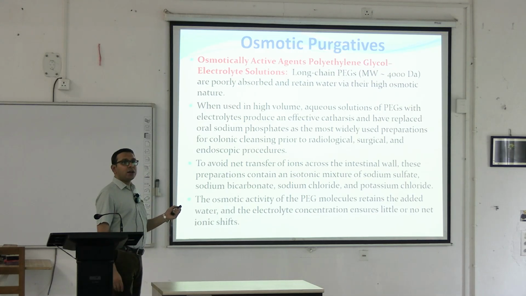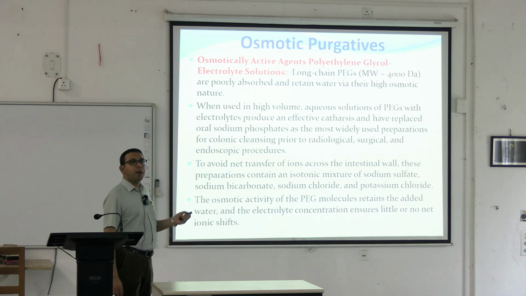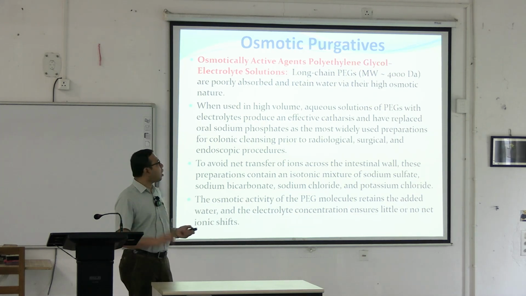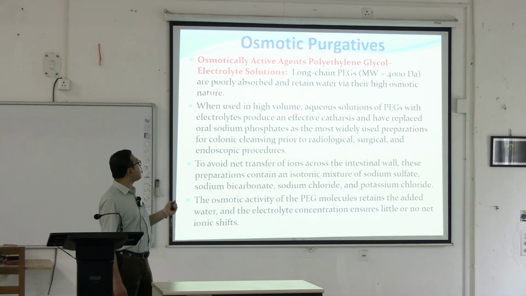Another drug very commonly used as an osmotic laxative is polyethylene glycol. Long chain polyethylene glycol, approximately 4000 kilodalton, is poorly absorbed and retains water via its high osmotic nature.